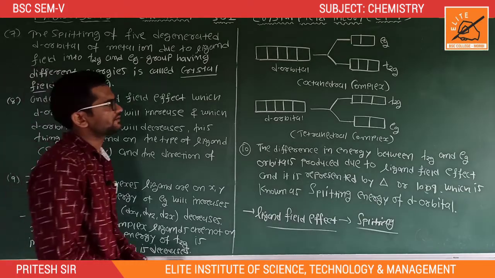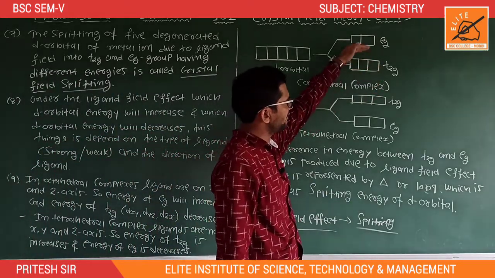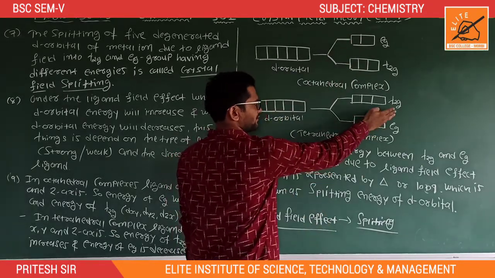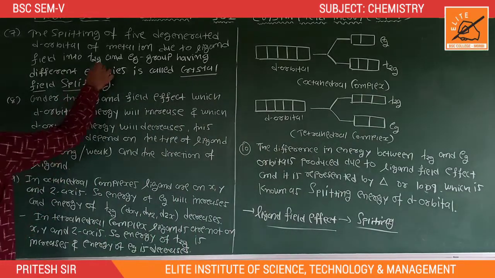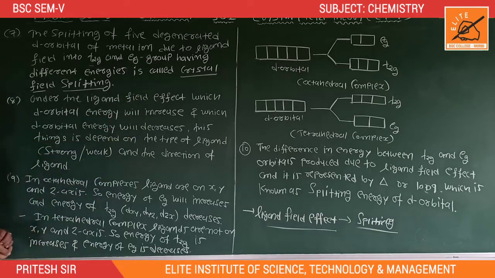Here in this case T2g has lower energy but Eg has higher energy. But here in this case Eg has lower energy and T2g has higher energy. So T2g and Eg both have different energies and this is called crystal field splitting. Okay, so this is the 7th point.